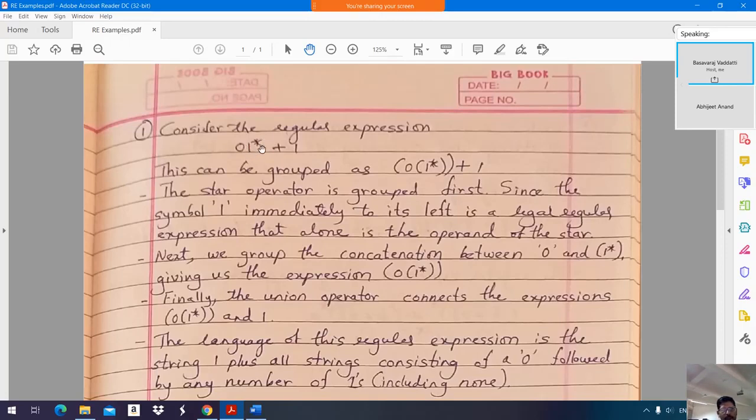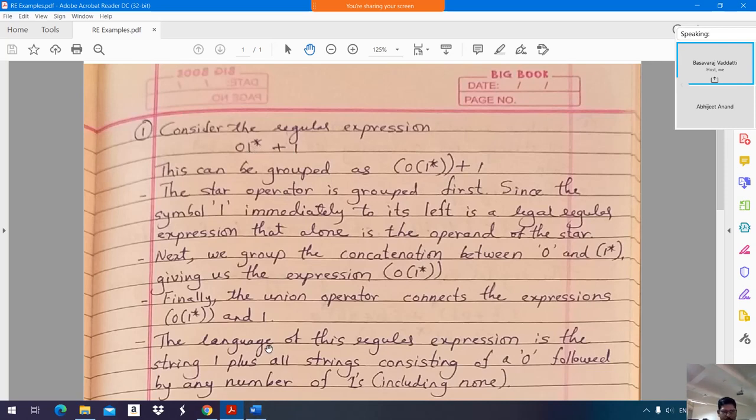That is how you will interpret it. The first sub-expression is strings beginning with 0 followed by any number of ones, including none. That is, no ones also.